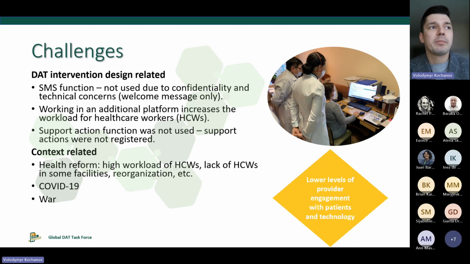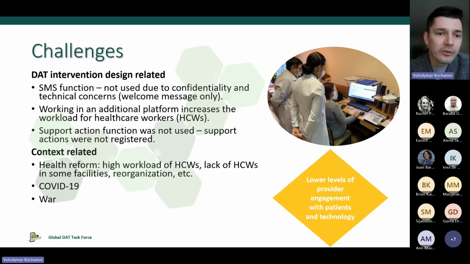The reorganization happened in a very different way in each region of Ukraine where we worked. We worked in Western Ukraine, in Eastern Ukraine, and in Southern Ukraine. And it was a really different approach in each of these regions to the health reform. Lack of healthcare providers in some facilities.